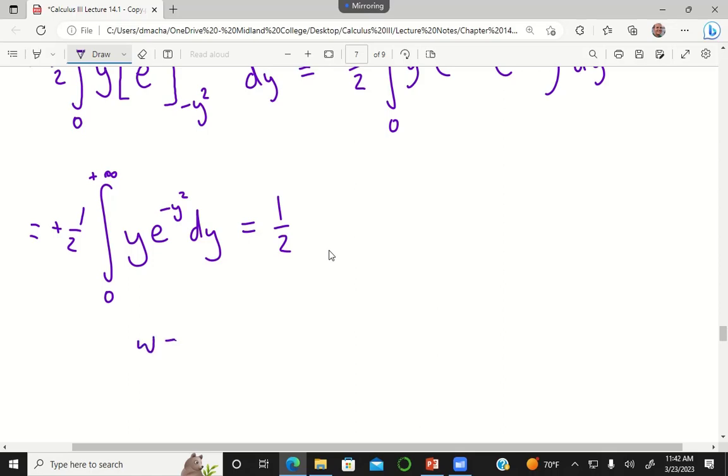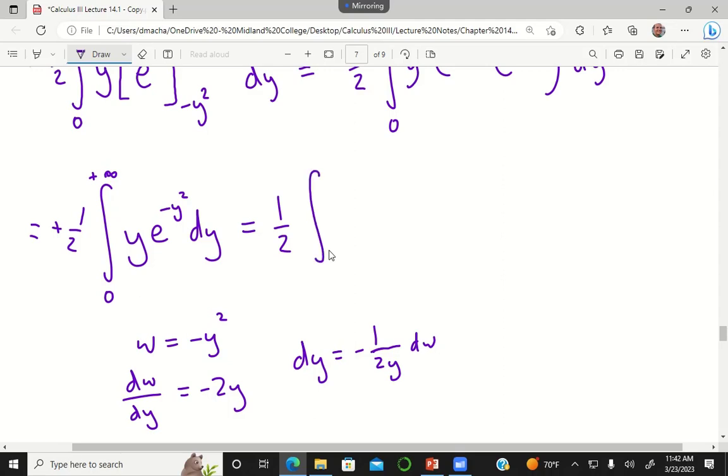So if I set w equals negative y squared, then the derivative of w with respect to y would be negative 2y. So that would mean dy is equal to negative 1/2, or sorry, negative 1 over 2y dw.